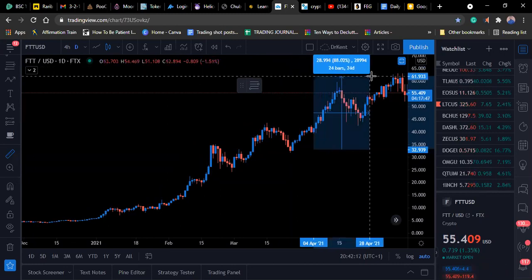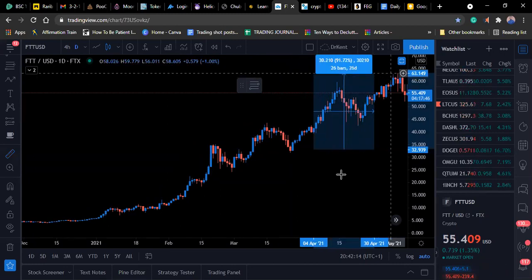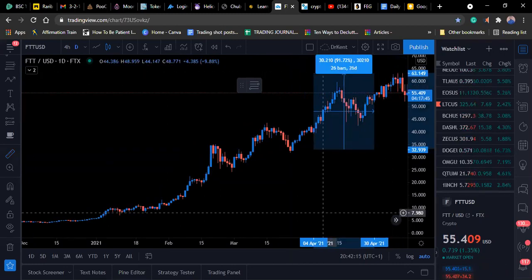So for this one, for instance, the first one, this is 30. 30 tells me that the market has moved upwards by $30. And that $30 from here to here is about 91% movement.